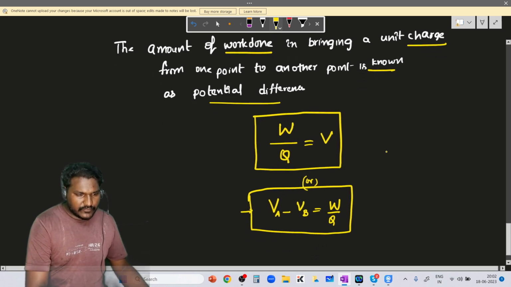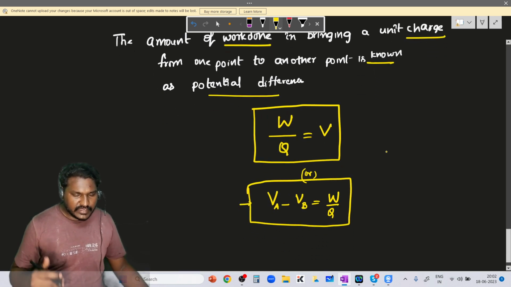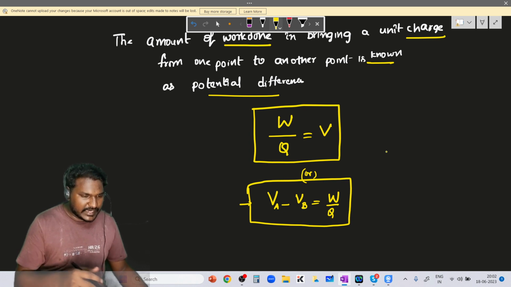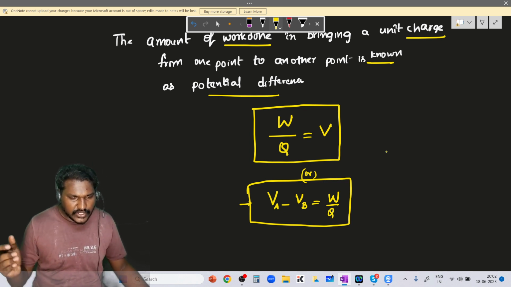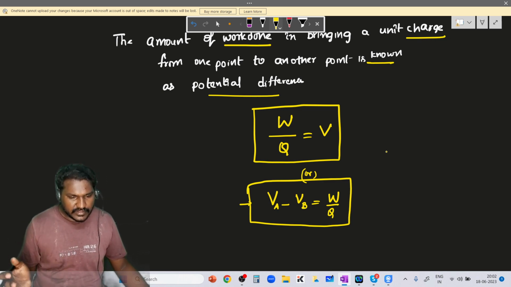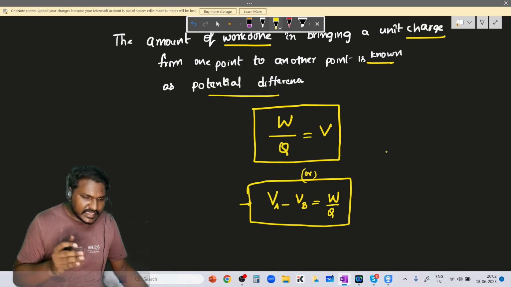Now, for every definition we are studying, we have to study a mathematical formula, we have to know the unit in which it is measured, and we have to know the device with which it is measured. Like for charge, the unit is coulomb.